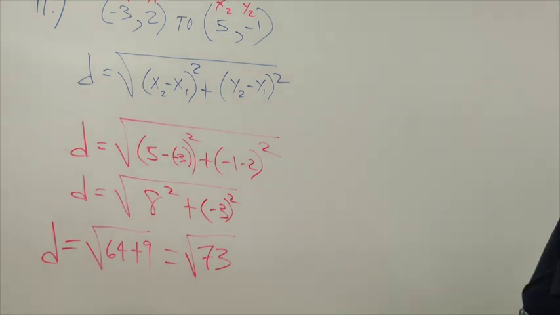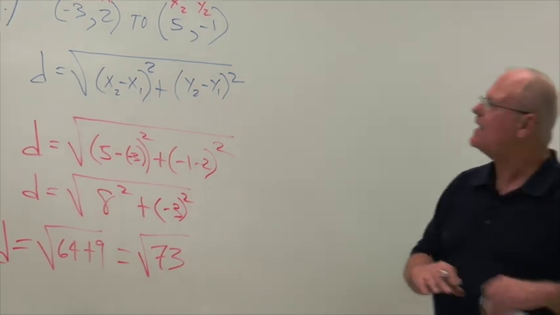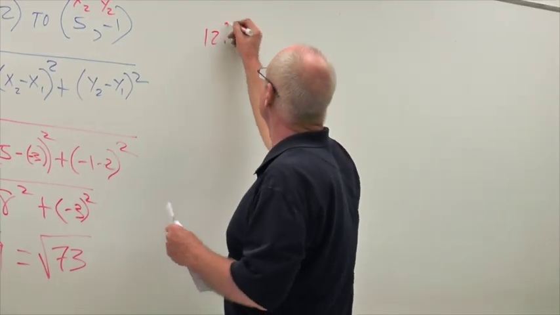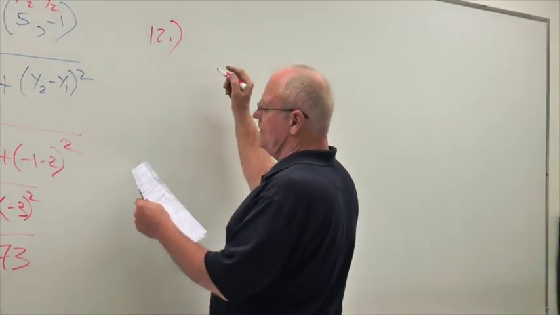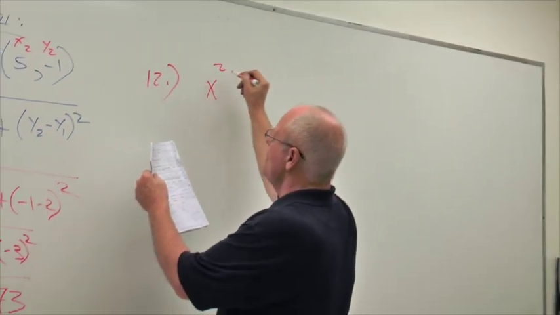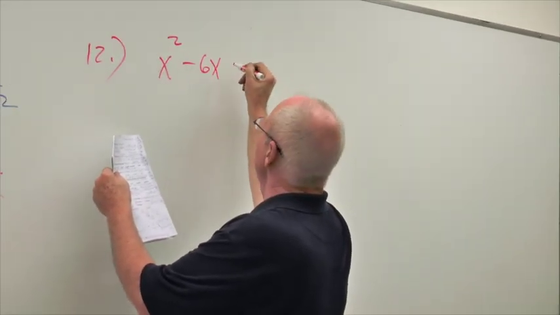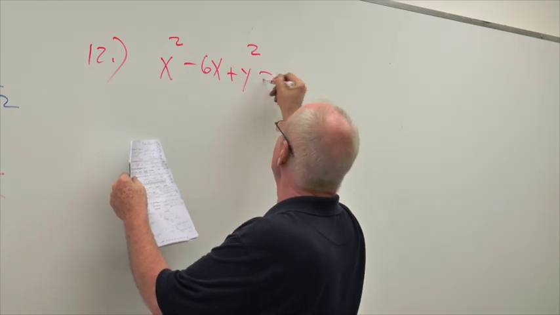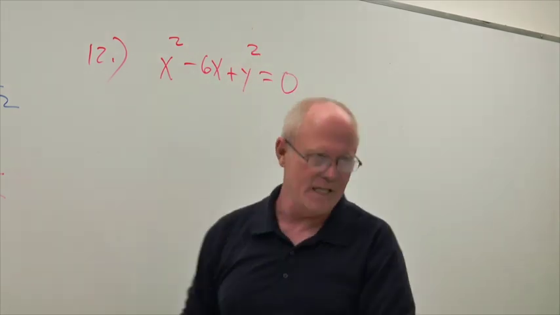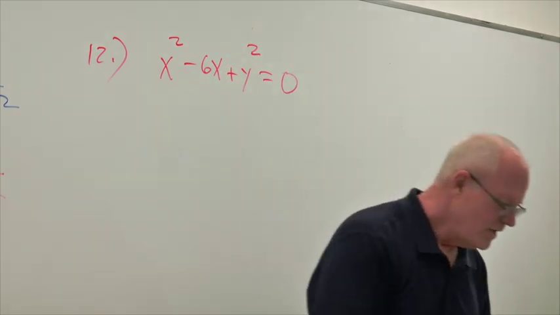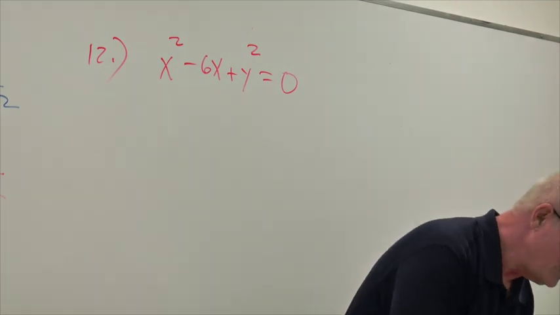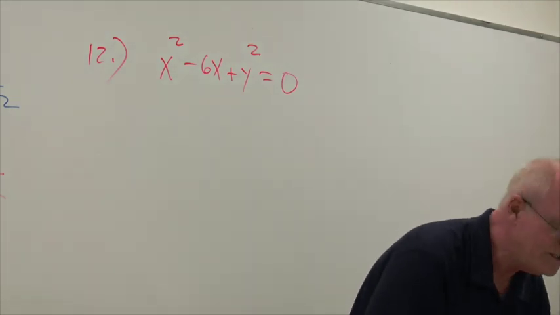Okay. So let's do number 12, right? What kind of symmetry does the equation x squared minus 6x plus y squared equals 0 have, if any at all? So what do you have to remember about this? How do you test for symmetry, guys?